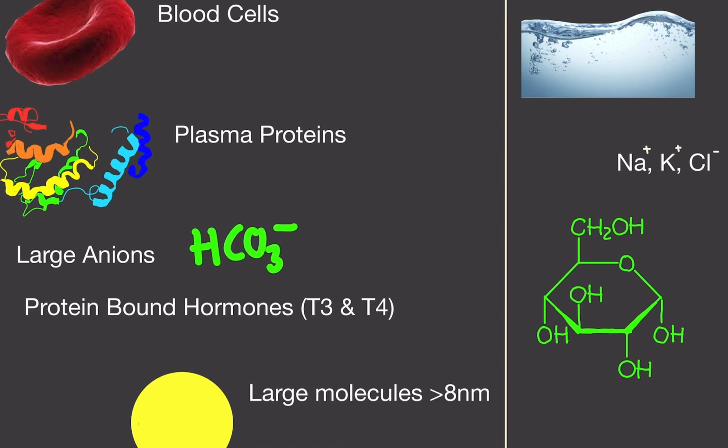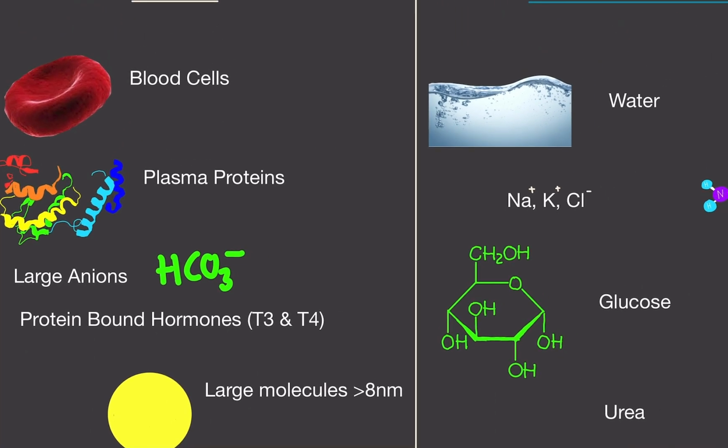This is an anion. This cannot pass through. Also, protein-bound hormones like T3 and T4. These are thyroid hormones. Don't need to worry about it, but protein-bound hormones can also not cross. And also large molecules that are greater than 8 nanometers cannot cross. They stay in the blood.